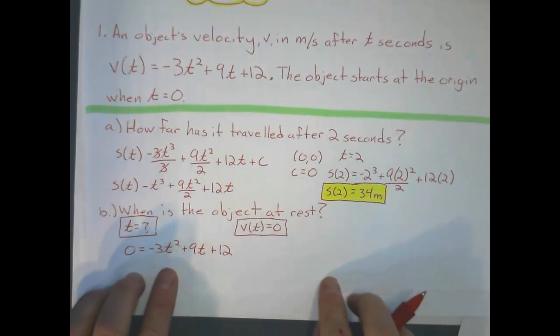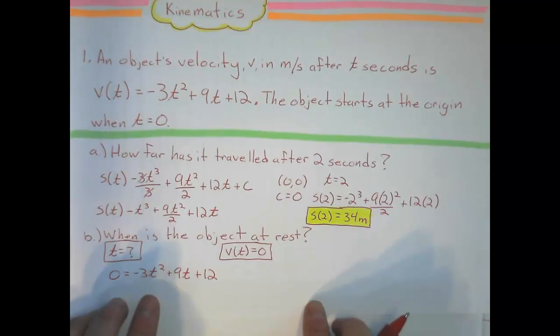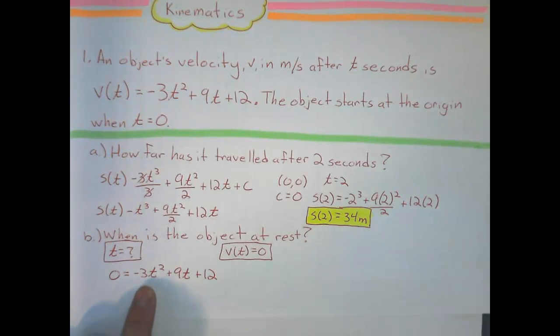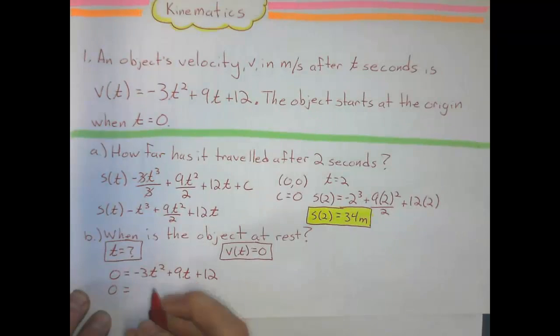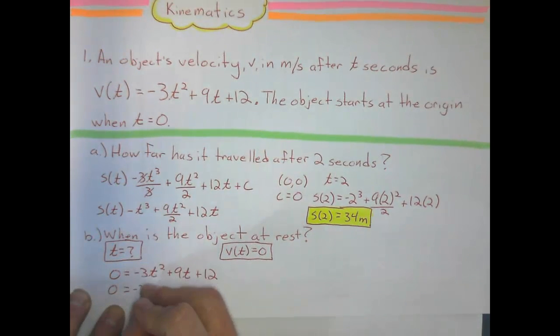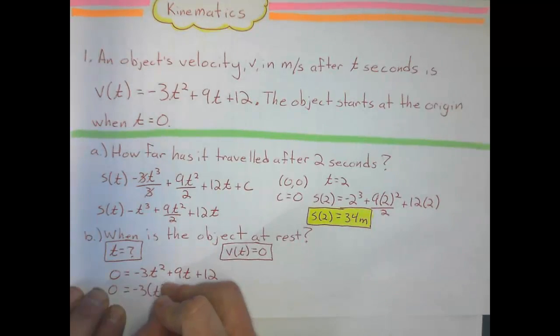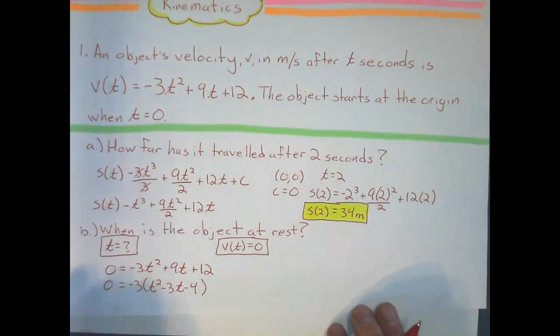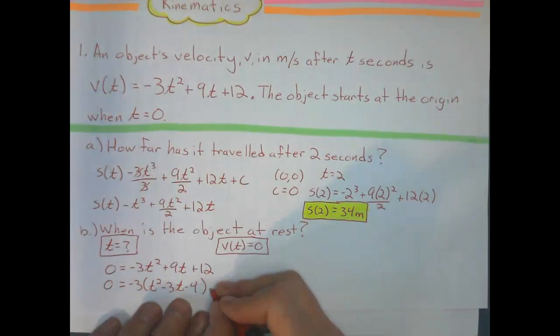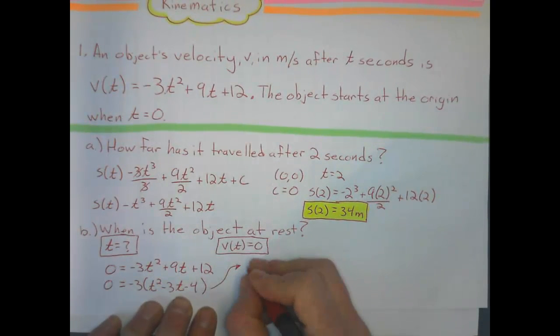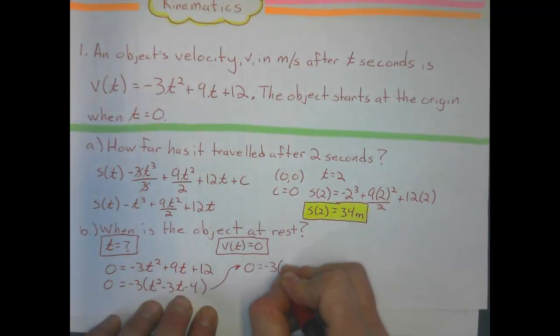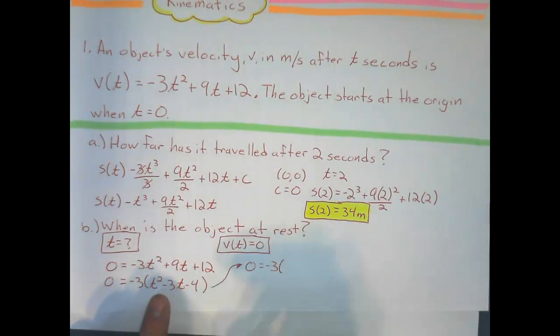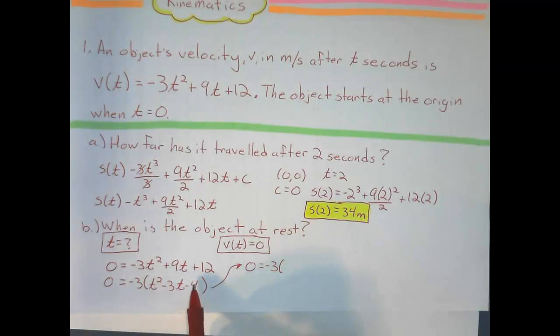Even without a graphics calculator, it's not too bad because I can factorize out a negative 3, and I get t squared minus 3t minus 4. And this guy does factorize, this expression right there. What multiplies to get negative 4 and adds to get negative 3?